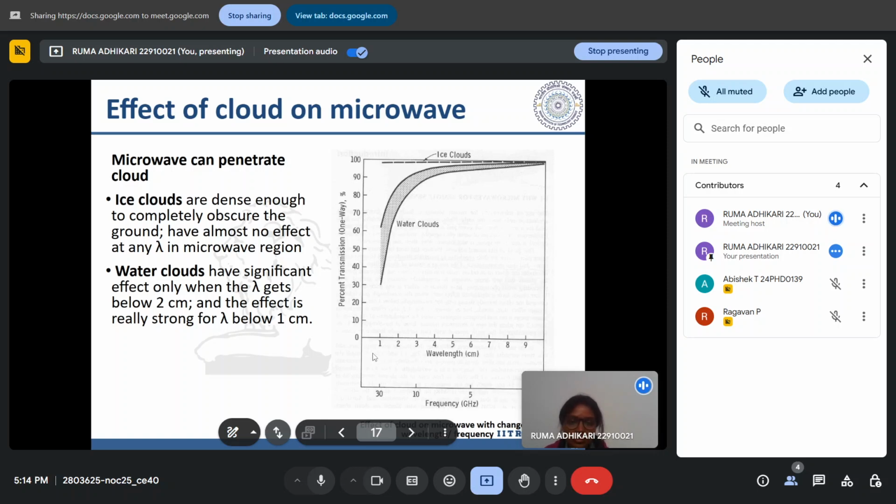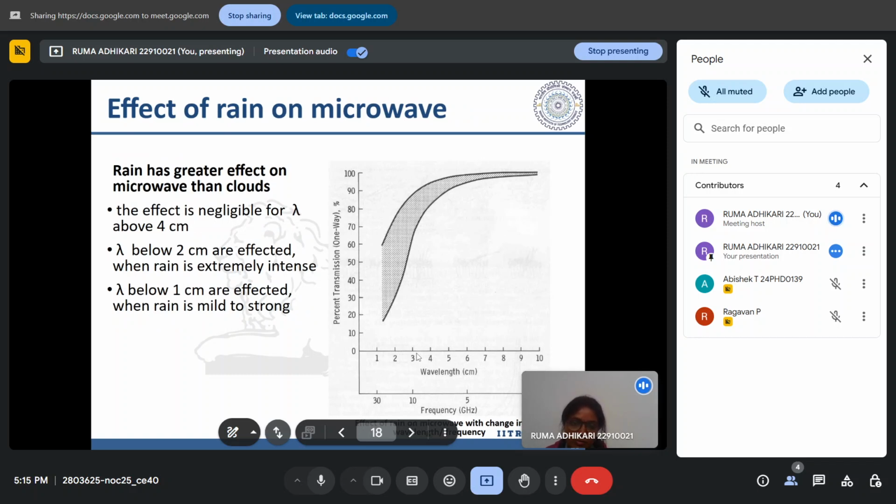This centimeter scale is important, because our sensors start from, say, 3 centimeter, like the X band or the TerraSAR-X satellite. So it can penetrate this much, and normally for more than 4 centimeter we get a cloud-free signal.